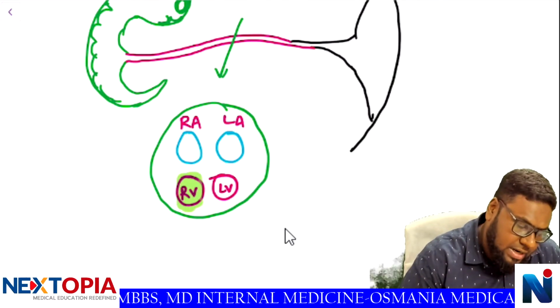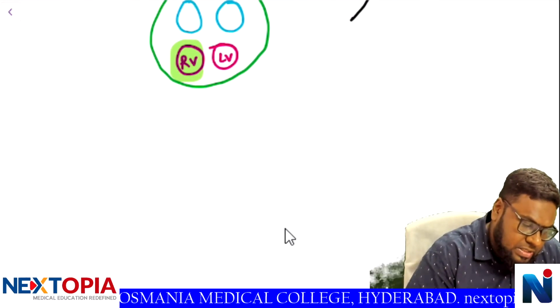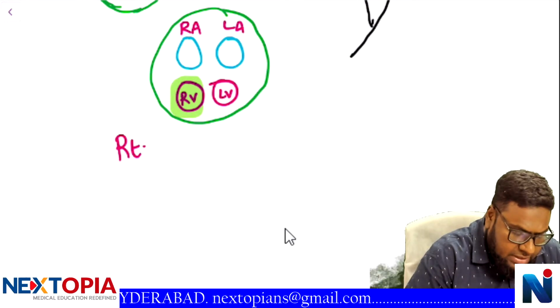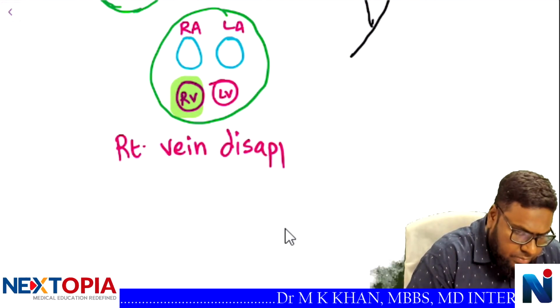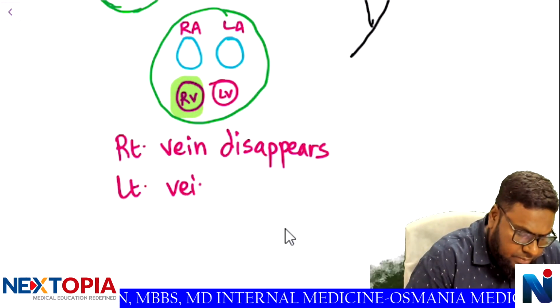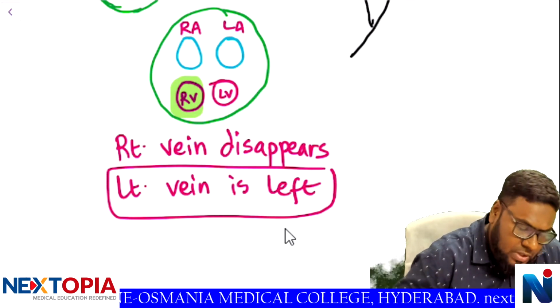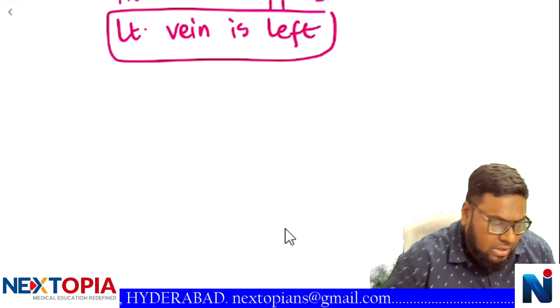If you can understand, the left is left. So the right vein disappears. This is the cross section of the umbilical cord. The left vein is left, whereas the arteries remain. So a mature umbilical cord is something like this.